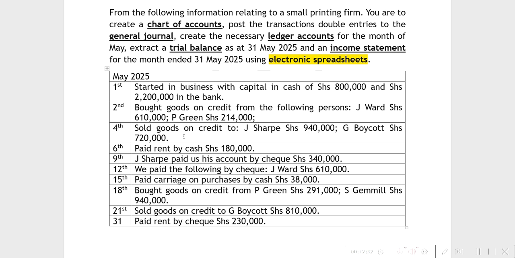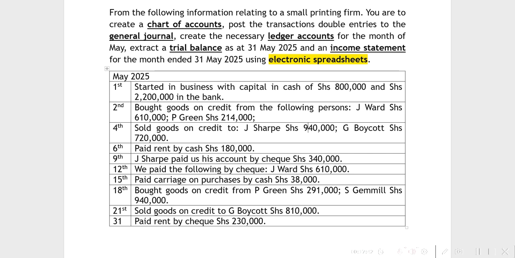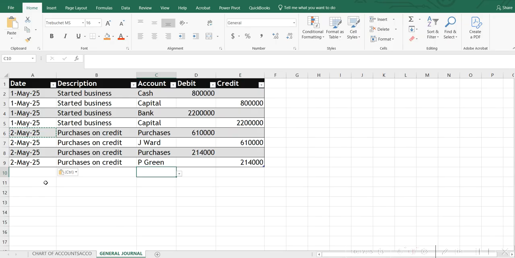Next is sold goods on credit to J Sharp and then G Boycott. That's on which date? That's on 4th May 2025.